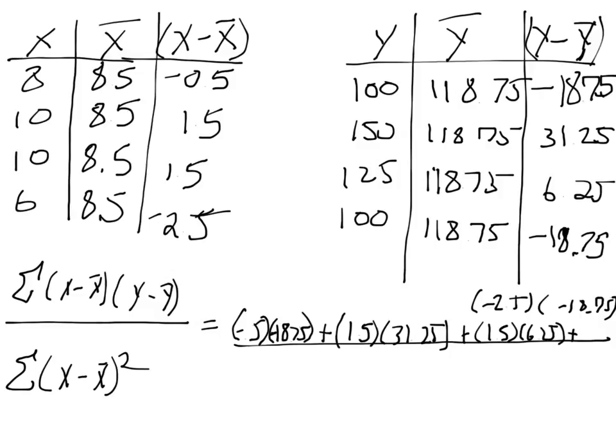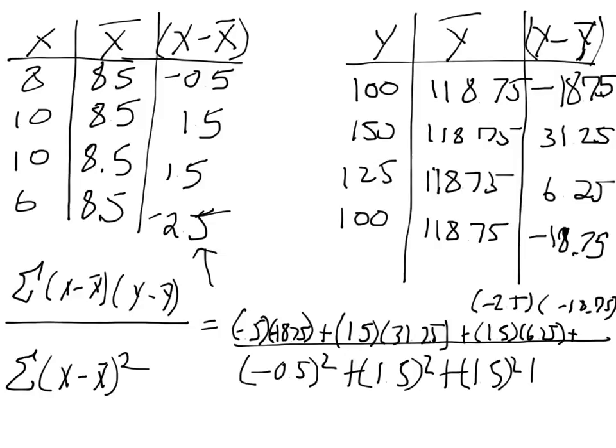The denominator is just the values in this column squared and then added together. So negative 0.5 squared plus 1.5 squared plus 1.5 squared plus negative 2.5 squared.